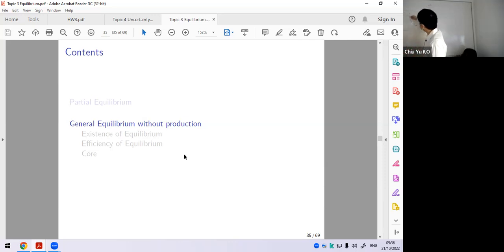Everything in the middle will improve both of them. So anything above the black curve would be individually rational for the man, and anything below the red curve will be individually rational for the woman.